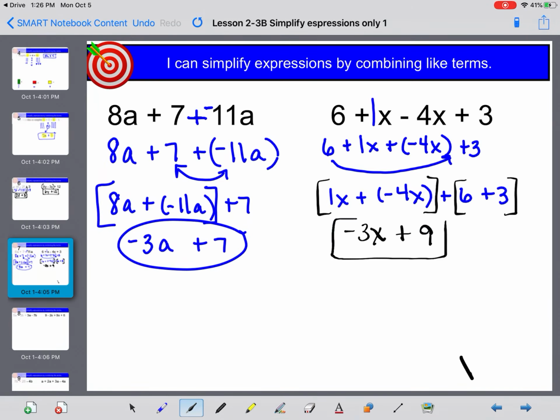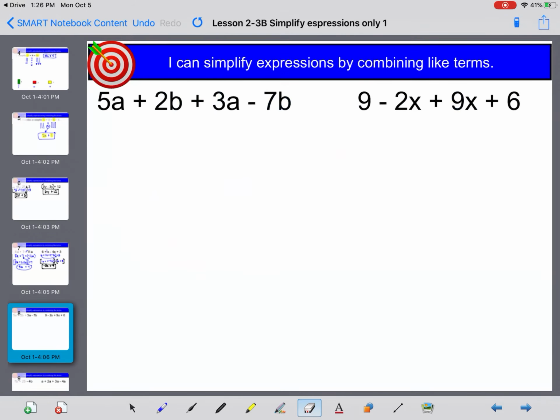If you are still struggling with how to add and subtract negative numbers, that was lesson 1-5 and 1-6. Go back and watch those lesson videos and work those problems over again until you get really good at adding and subtracting negatives. That will help out a great deal.